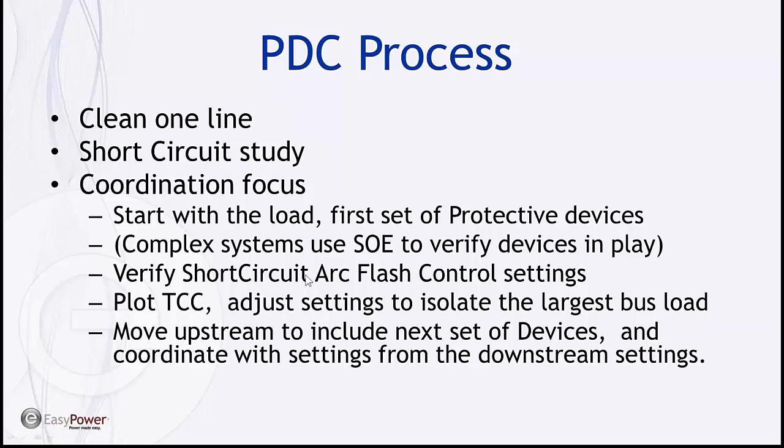Then you verify that you have short circuit arc flash control settings, which is in short circuit, and I'll touch on those real quickly. Go ahead and plot your TCC curves, make the adjustments to isolate the largest bus load downstream, and then gradually move upstream two and three devices at a time and coordinate upstream against what you fixed downstream. So let's see if we can make that happen.